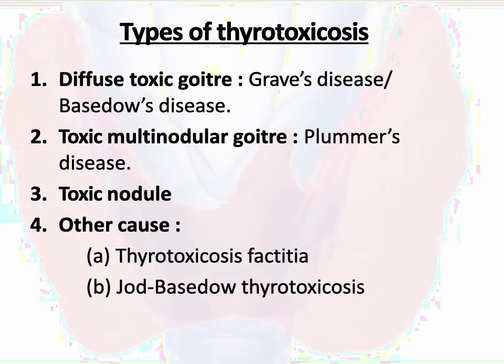Types of thyrotoxicosis. Diffuse toxic goiter: this is a plain, smooth goiter, usually in young girls, and it is known as Graves' disease, also Basedow's disease. Then there is toxic multinodular goiter, that is, it is not smooth. There are different sizes of nodules there, like Plummer's disease.